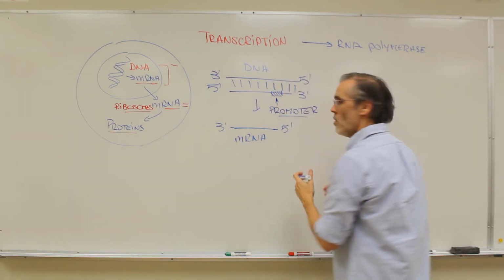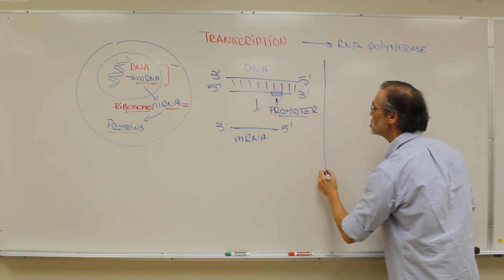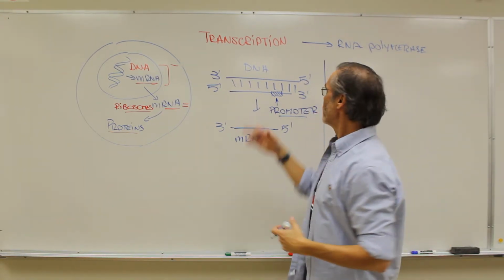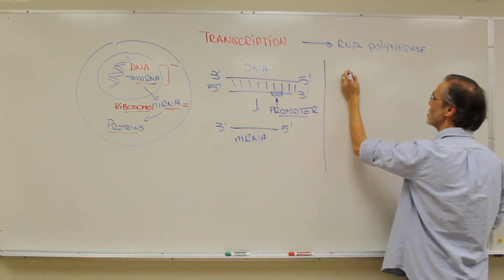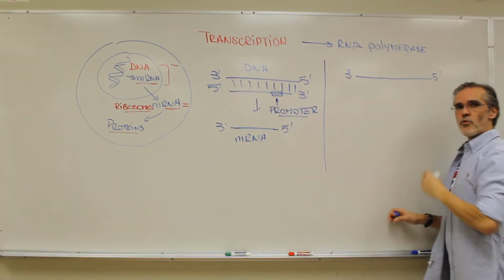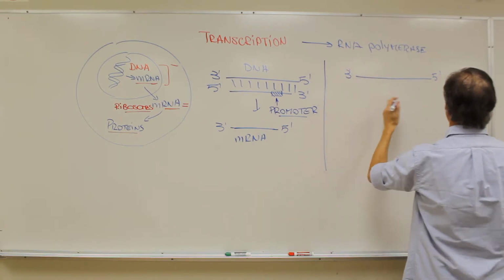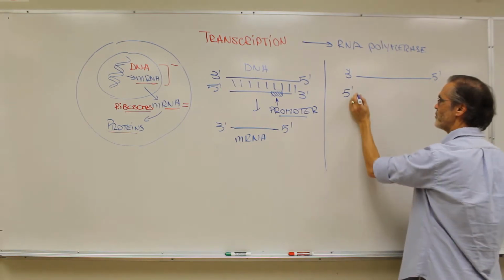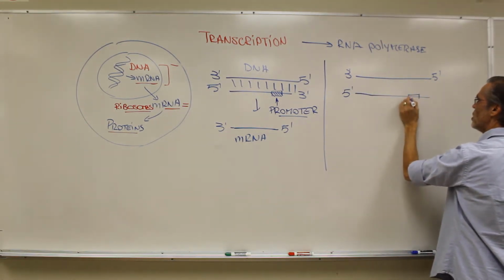So, for the next part of my video, I want to draw what the process of transcription is. Say that we start with a DNA molecule from 5' to 3', and then on the other side, 3' to 5', and then we have our promoter right here.